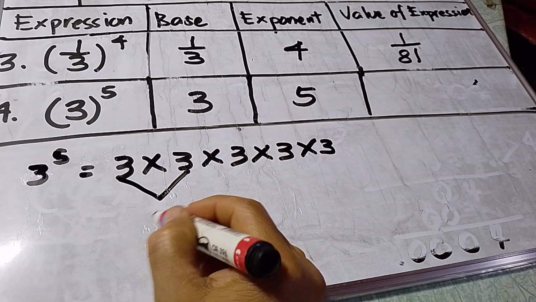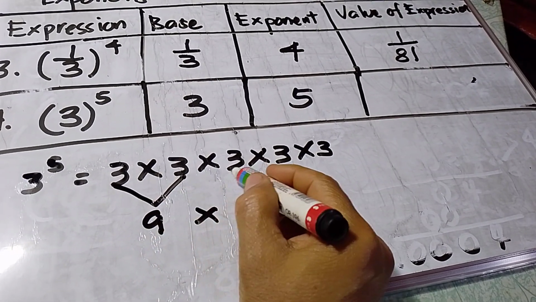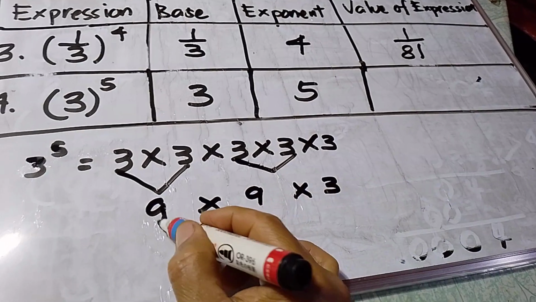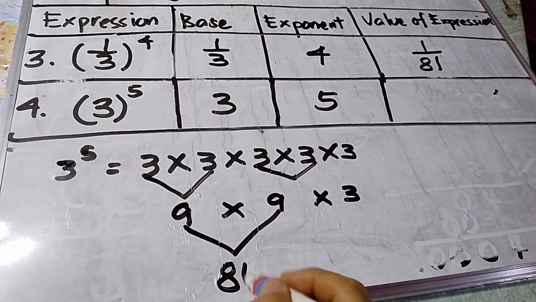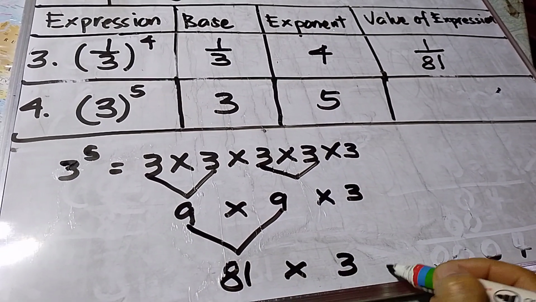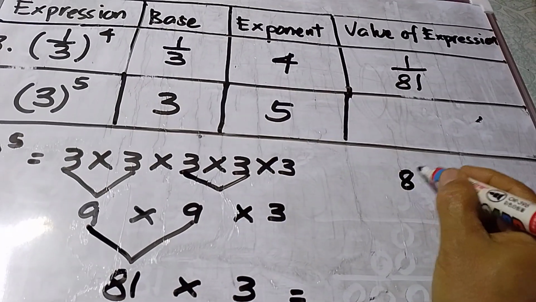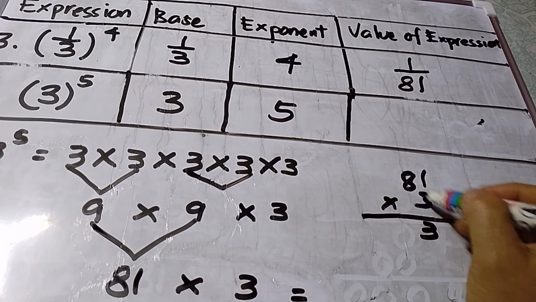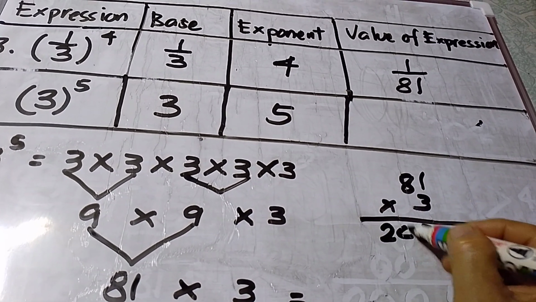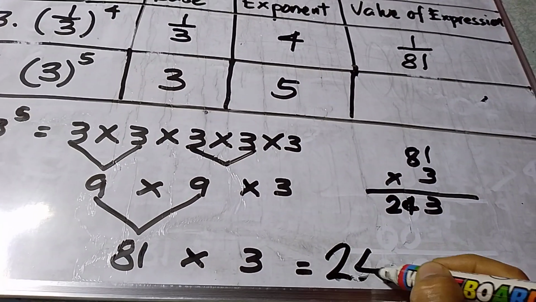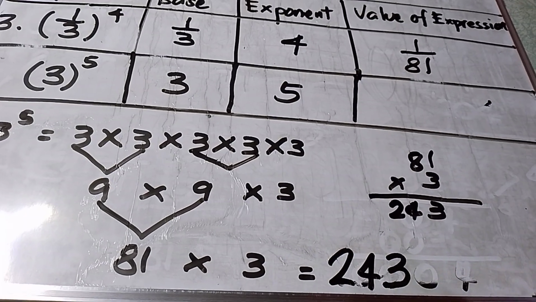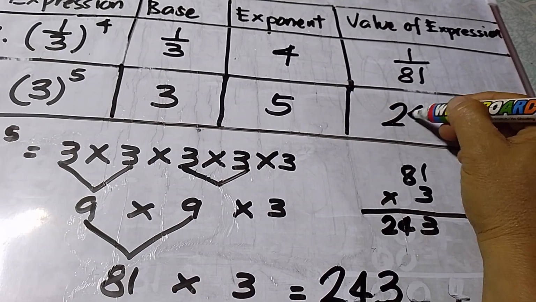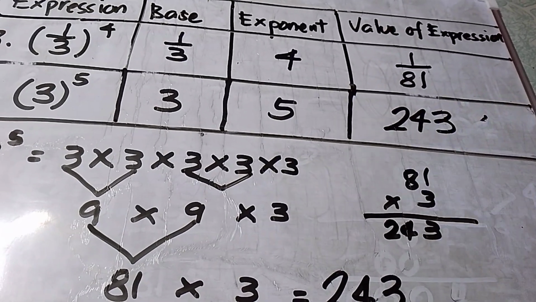This is 9 times 9 and then times 3. So we know that 9 times 9 is 81 times 3. So what is 81 times 3? So 1 times 3 is 3. 8 times 3 is 24. So this will be equal to 243. So the value of expression will be 243.